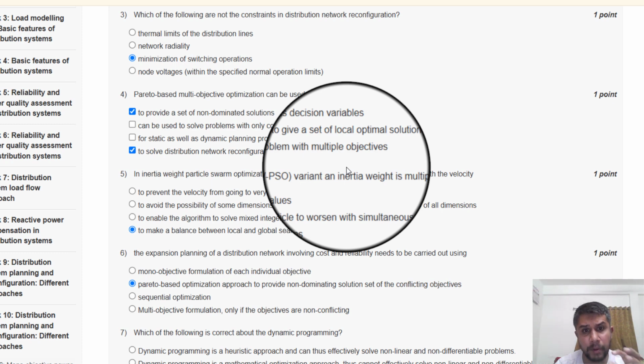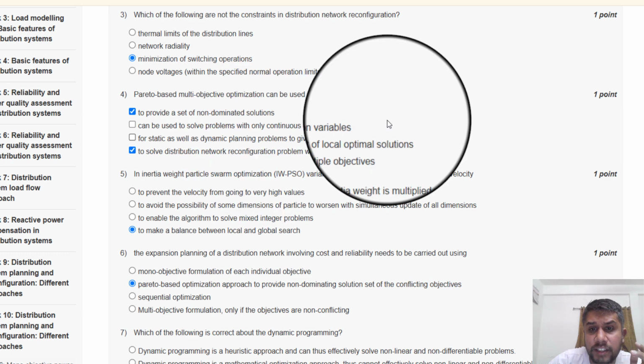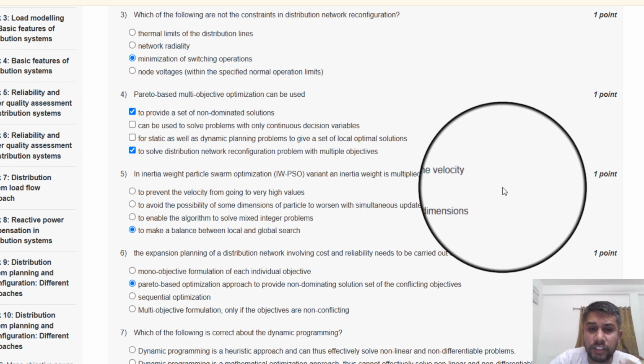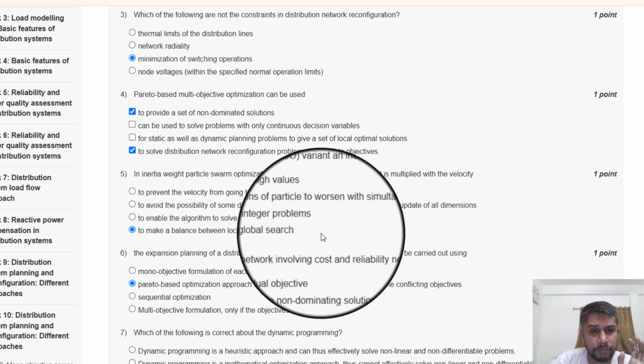In inertia weight particle swarm optimization, the IWPSO variant, the inertia weight is multiplied with the velocity just to make a balance between local and global search. That is the objective. So answer D is right.